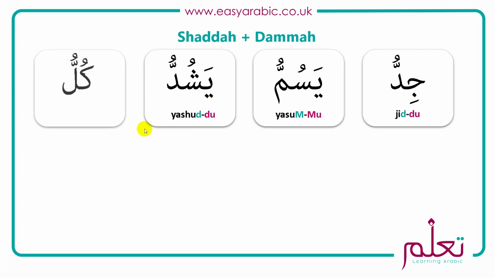Next one is Kaf with the Damma is Kul, and the Lam is Kul, lu, kullu. Next one is Alif with the Ya, so here it'll become ayyukum.